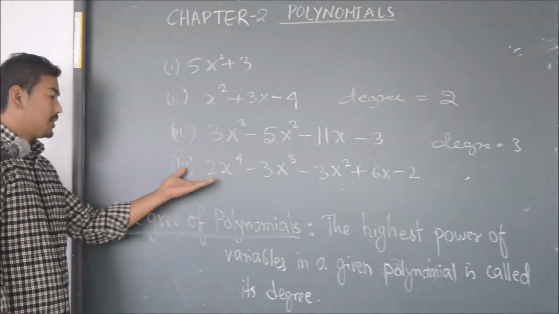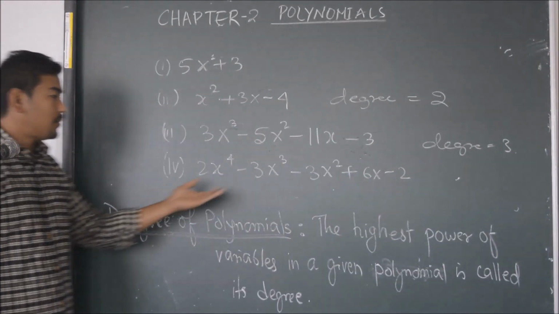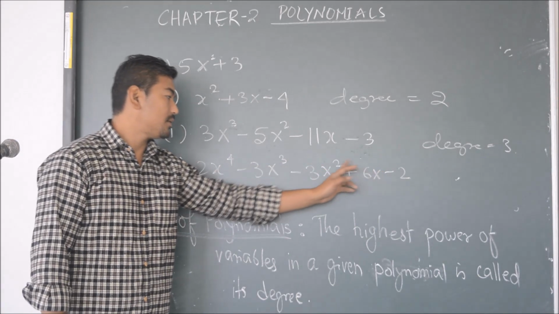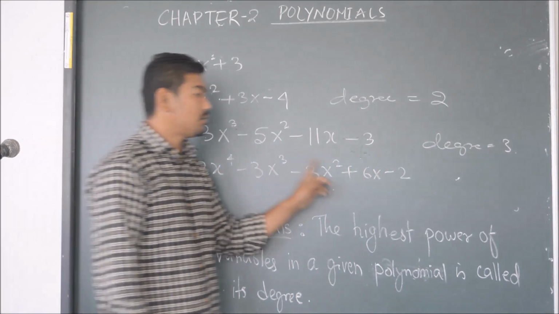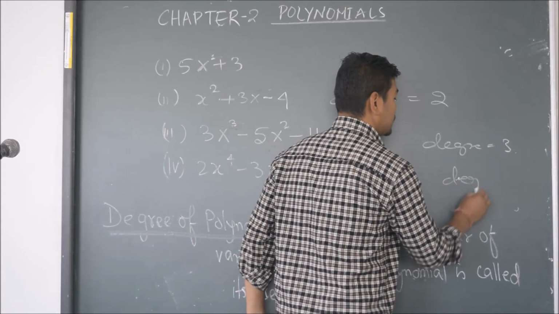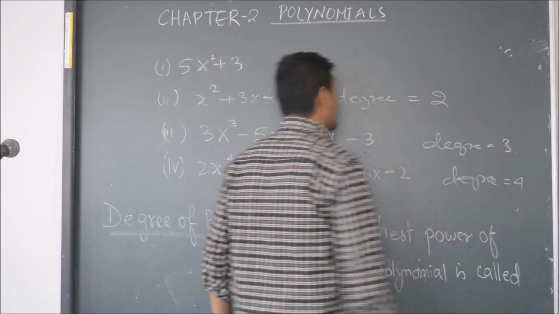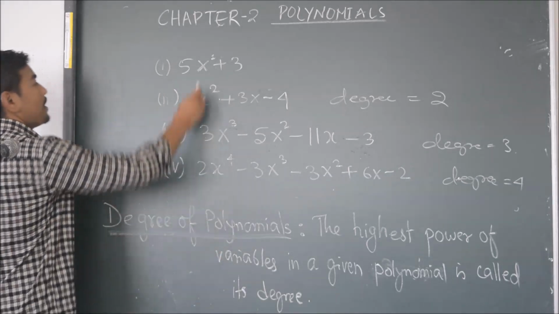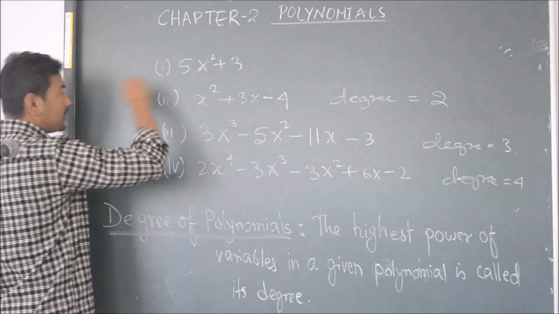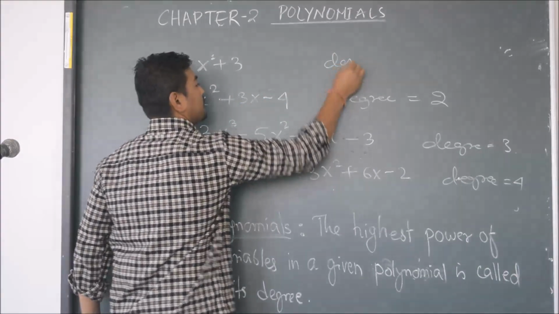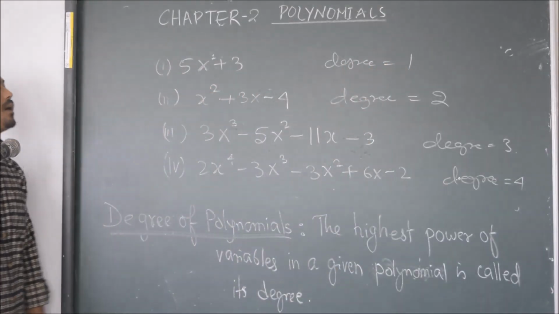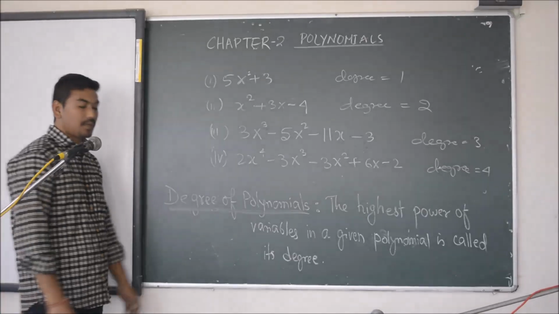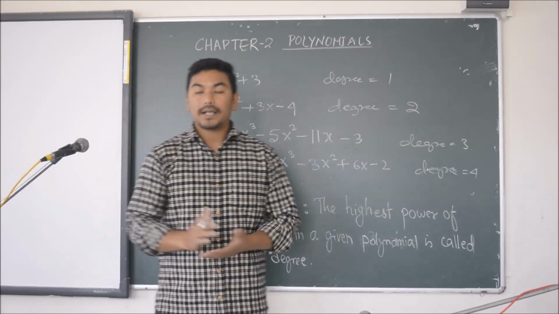Similarly, if you see the last polynomial, you will have 4 different powers. Here 1, here 2, 3 and 4. Among these, 4 is the highest. So the degree of this polynomial is 4. I left out the first question. Here, since there is only one power of the variable, the degree is 1. So this is the concept of degree. So let me conclude like this.